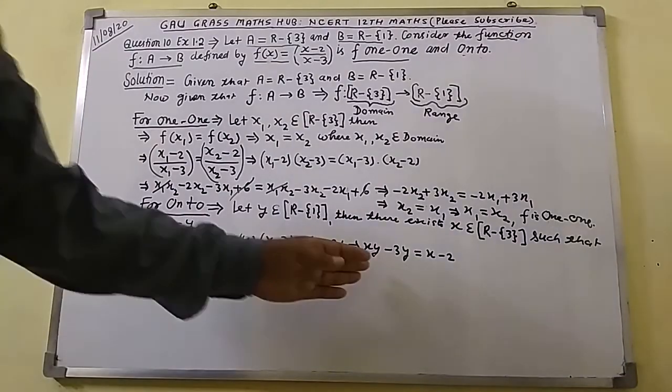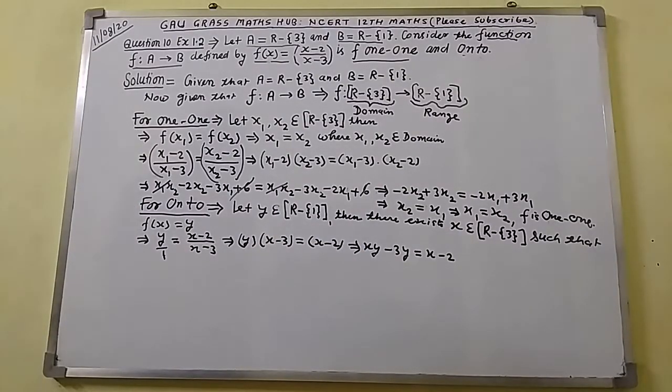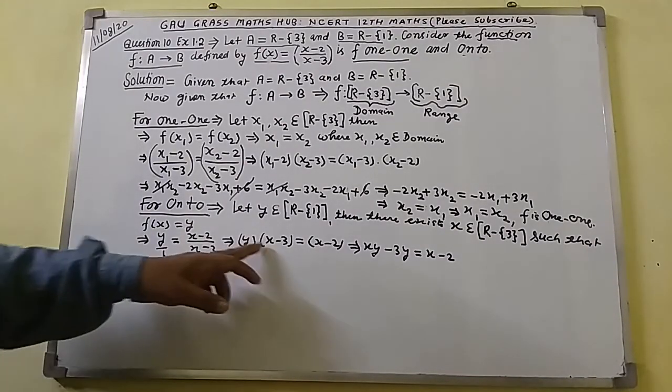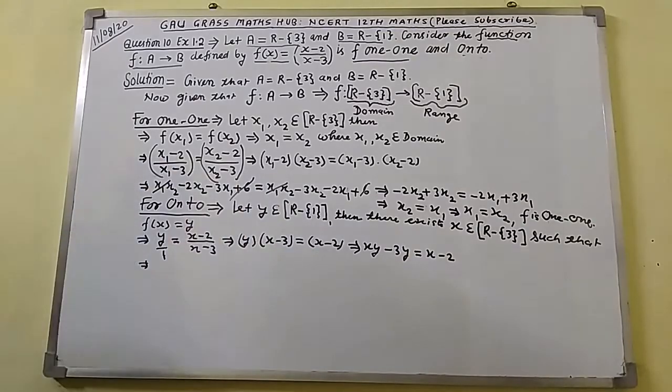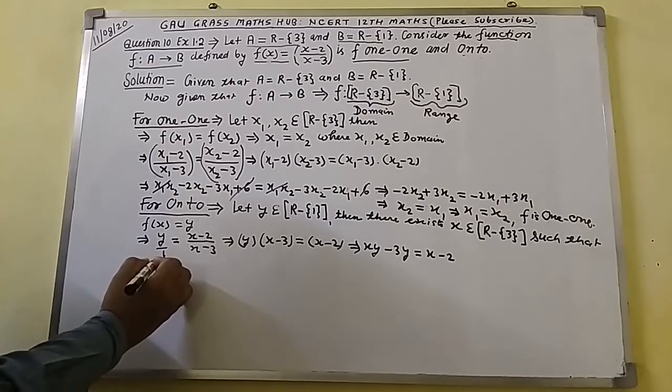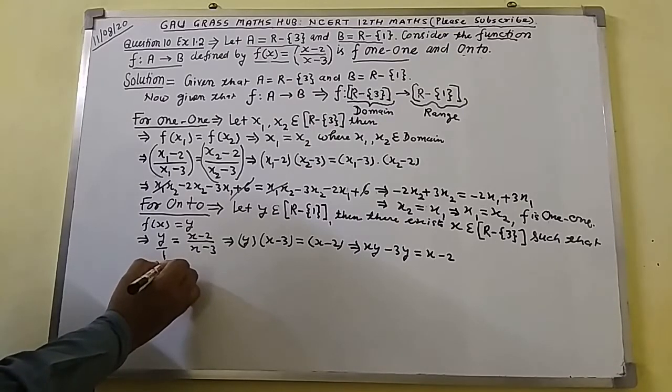Now here I have to get the value of x. Let us see what value of x will be. So here xy minus 3y equal to x minus 2. So what to do here? Now here I shall write x minus 2.